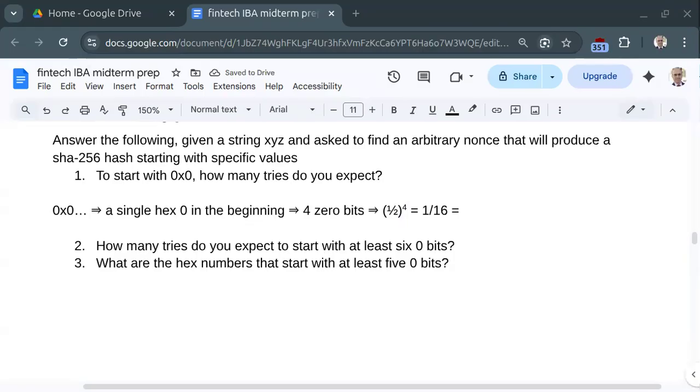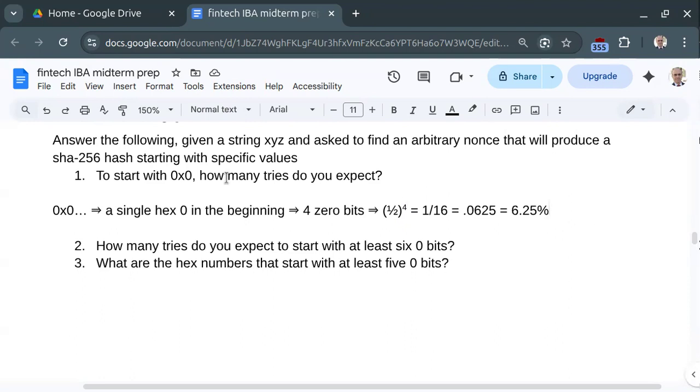The exact number is 1 divided by 16. That's 0.0625, or 6.25%.